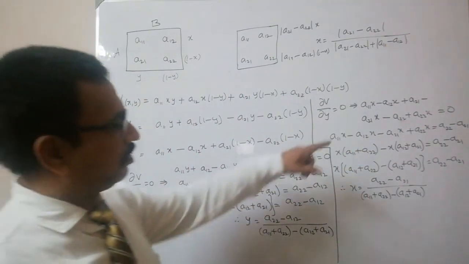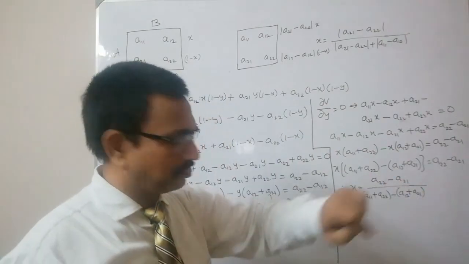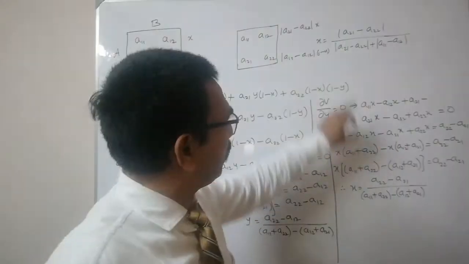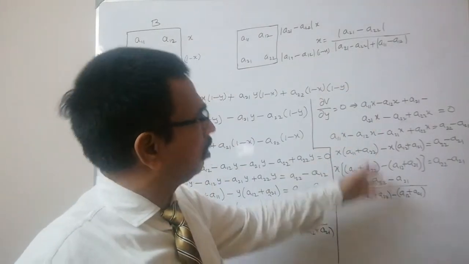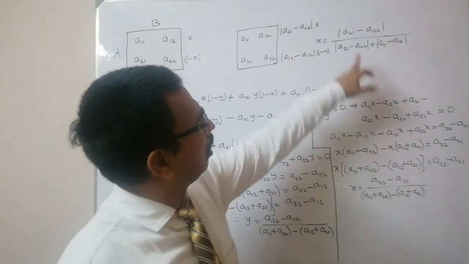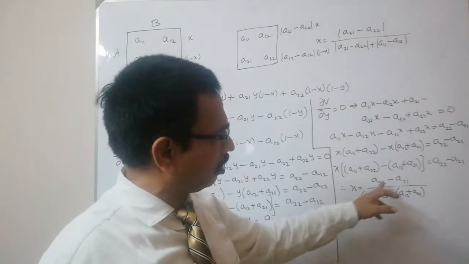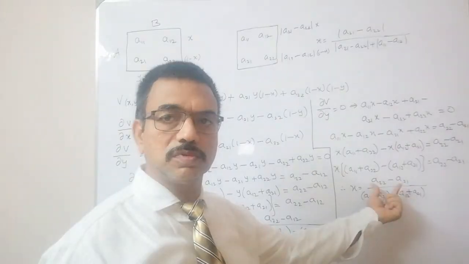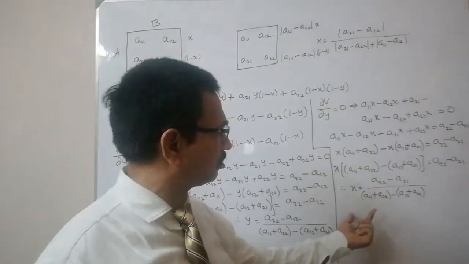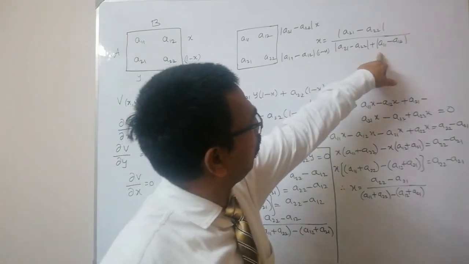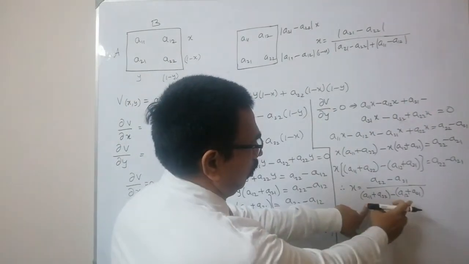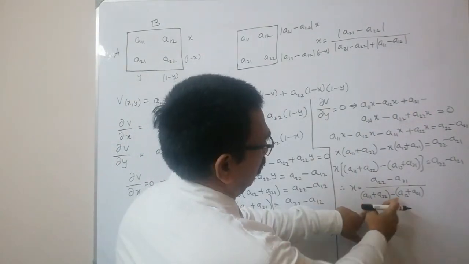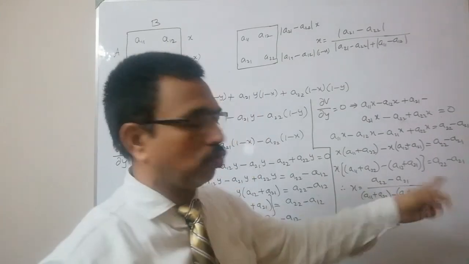Now if you compare this expression with this one, it is similar. See, A21 minus A22 or A22 minus A21, ignoring sign, this difference, and the denominator is A11 minus A12 here, A21 minus A22 or A22 minus A21.